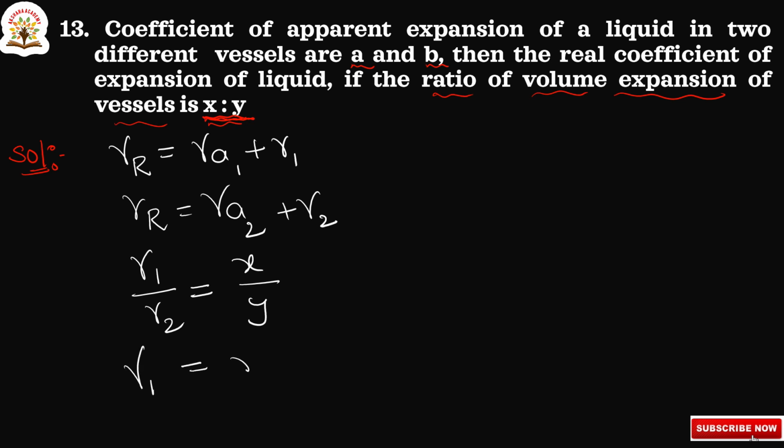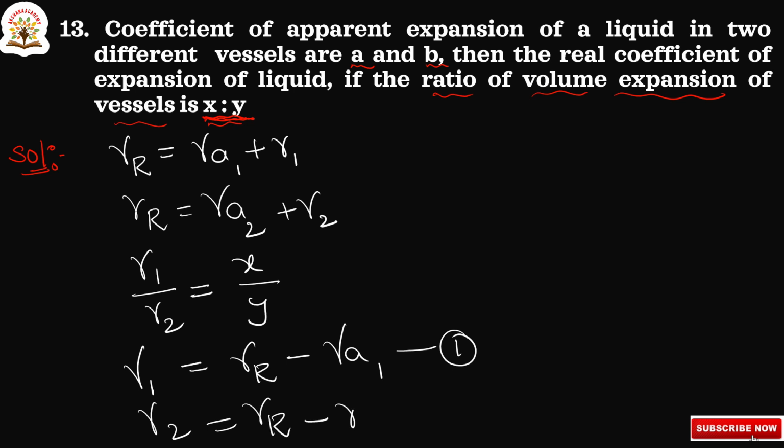From these two equations we are writing the expressions for gamma 1 and gamma 2. So from the first equation, gamma 1 is equals to gamma r minus gamma A1. Consider this as equation number 1, and gamma 2 is equals to gamma r minus gamma A2. Consider this as equation number 2.